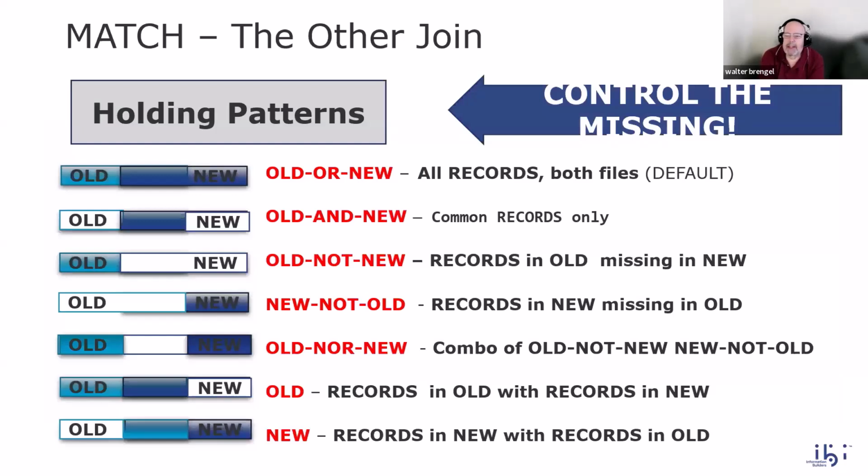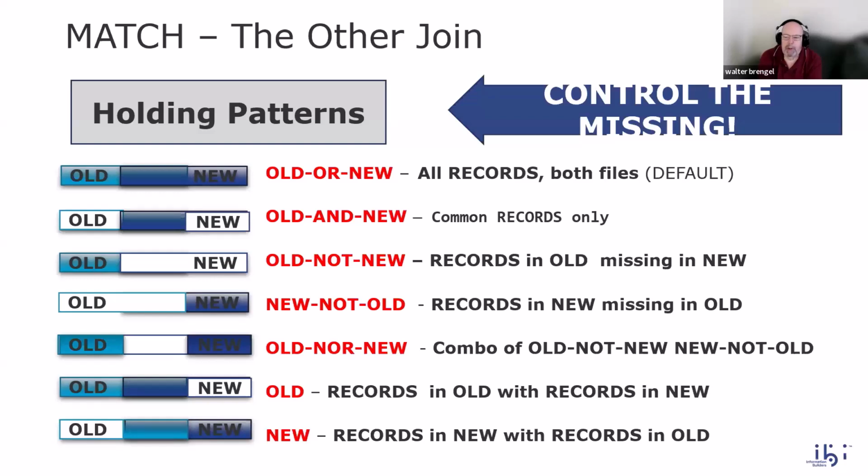And then this is where you get a difference between join and match. A join will let you join file A to file B, and then you have to decide, is it an inner or is it a left outer? And in some cases, you could do a right outer or a full. On match, you have a lot more flexibility. So here we can do old or new, which would be like a full outer join.